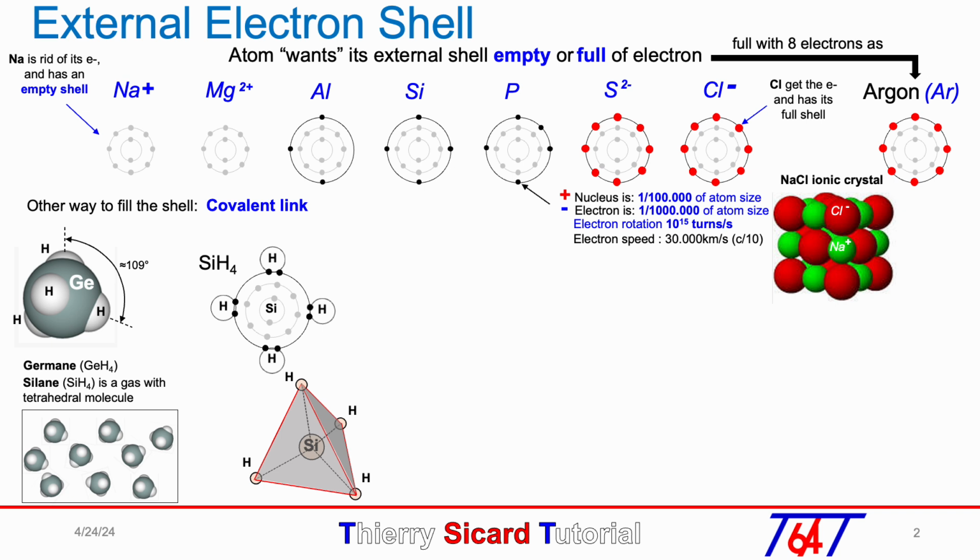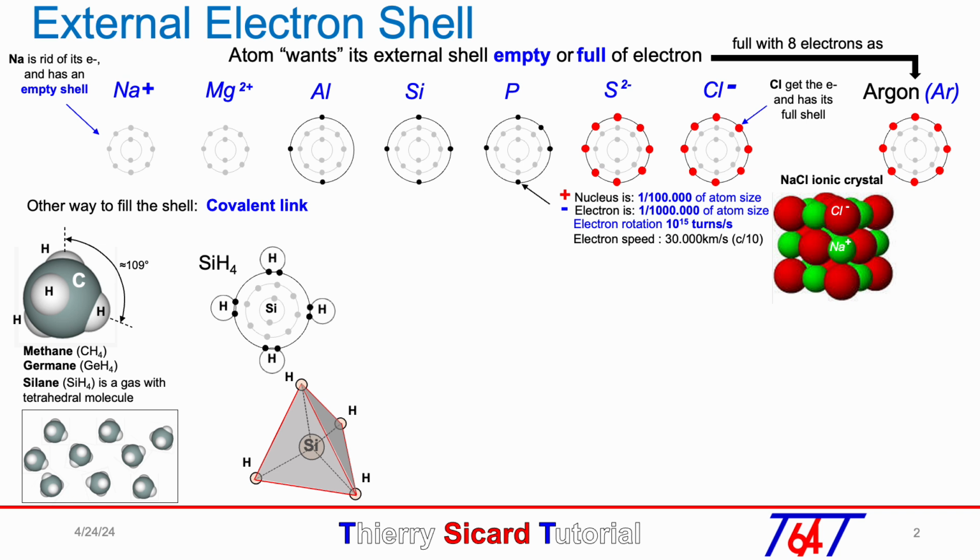And if we replace it by carbon, we will get methane. Maybe you used this methane to heat the soup in which you put the salt crystal at the beginning of this slide. The silane is also a gas, but it can ignite without matches, just by contact with the air. It is very practical, but a little bit dangerous too.